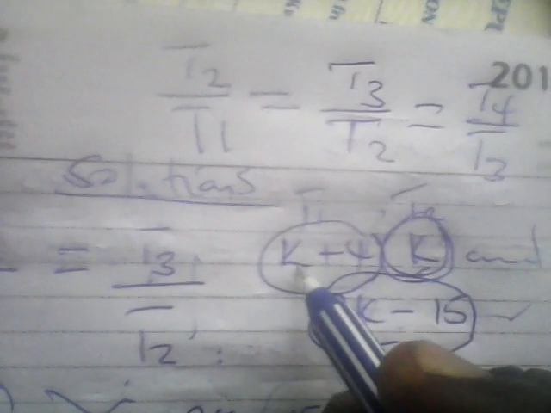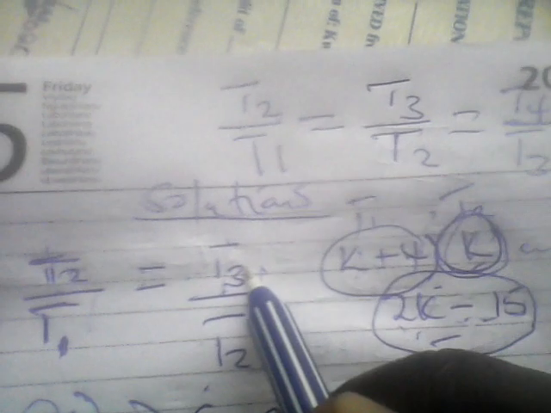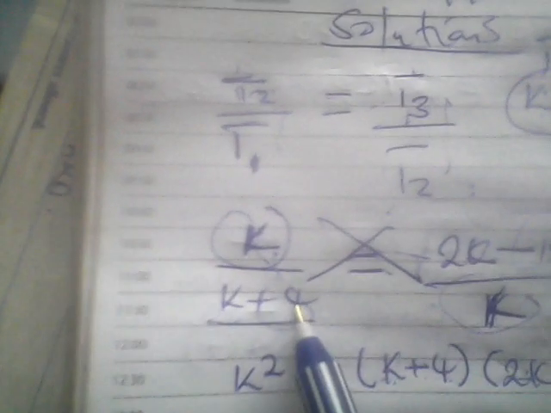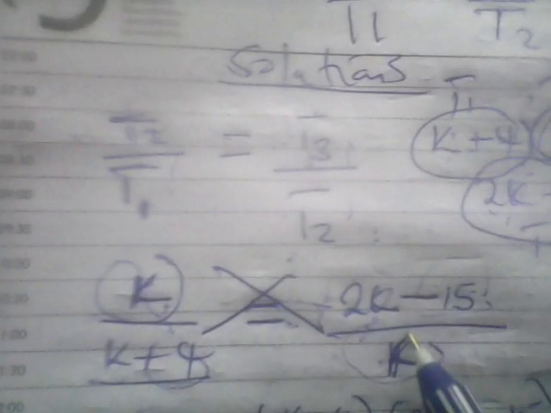Now, in this case, we only have three terms, which are k plus 4, k and 2k minus 15. Therefore, we say T2 divided by T1 is equal to T3 divided by T2, where T2 is k and T1 is k plus 4, which is equal to T3, 2k minus 15, divided by T2, which is k.